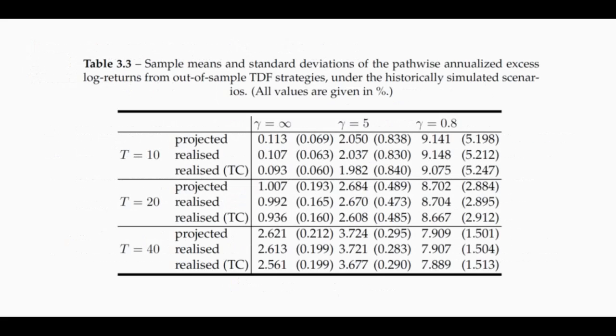Recall that under the risk-neutral approach, riskless excess returns will be equal to 0. But under the more general benchmark framework, it is possible to realize riskless returns over a long enough period of time.